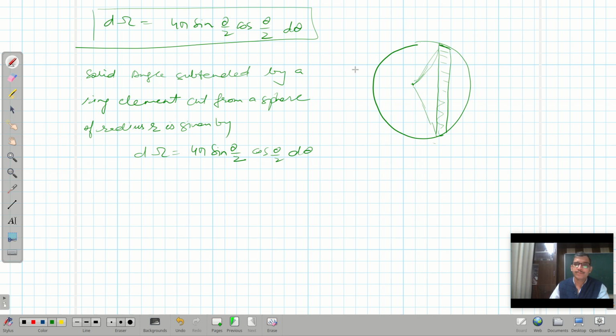So suppose this is the radial vector which I am drawing here. This is say r, and it is making an angle theta. And say this angle is, again, because when I am cutting a ring, this angle will become d theta.